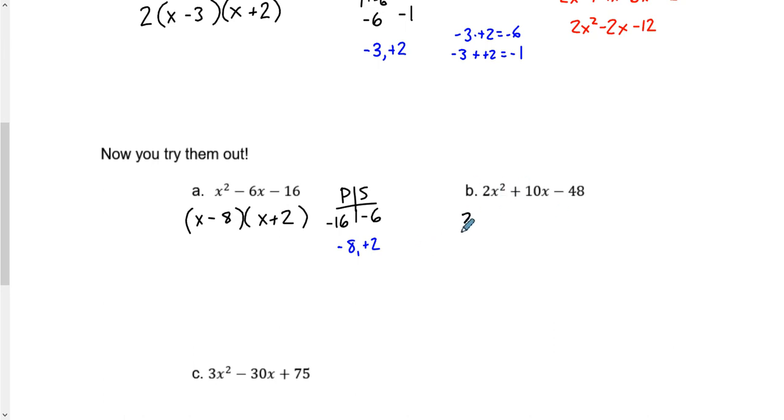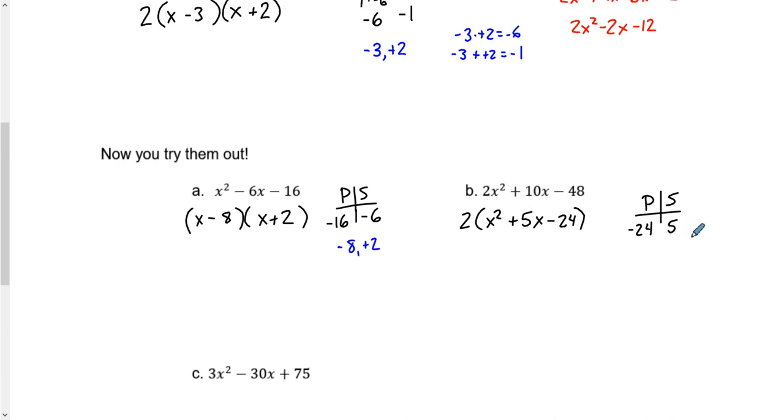Factor out a GCF, 2, x squared plus 5x, subtracting 24. So when we do our product and sum, instead of getting 96 and 10, we have -24 and 5.